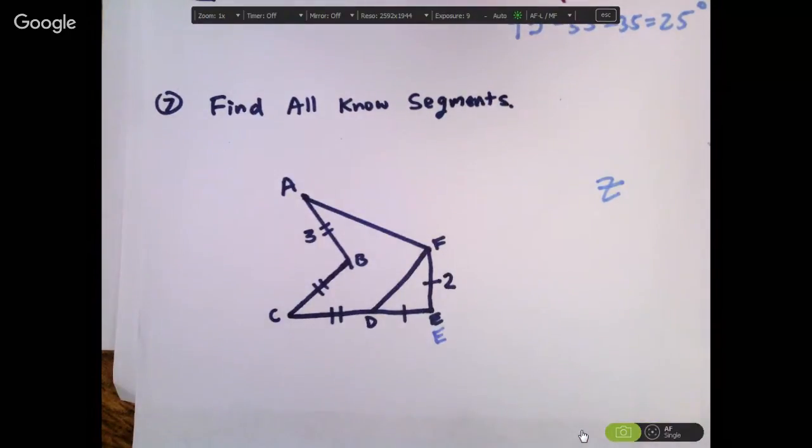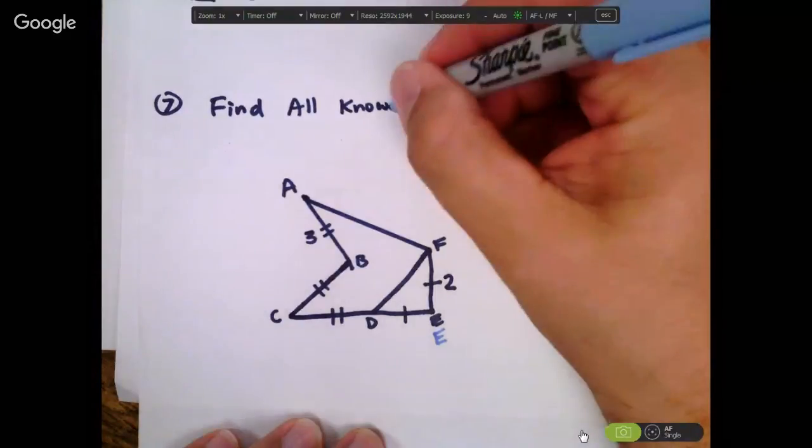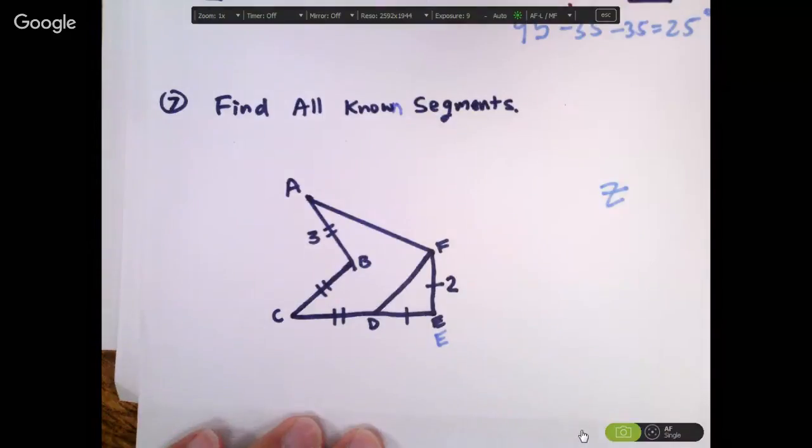Now all you do is go around the top segment, right? So here's the thing. It says find all known segments. Okay. So what segment do we know?